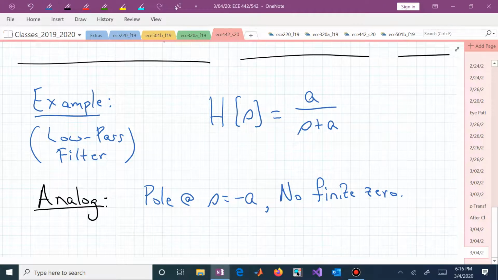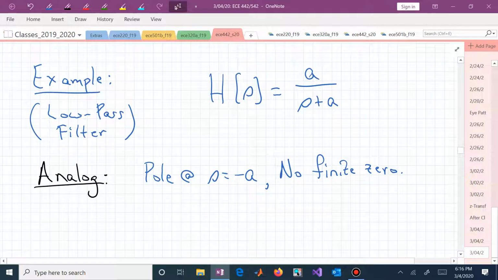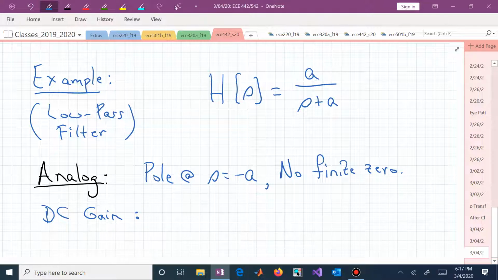What's the DC gain of this analog filter? I heard an A. Somebody want a B? Or a C? Or another value? What's the DC gain? That sounds better.